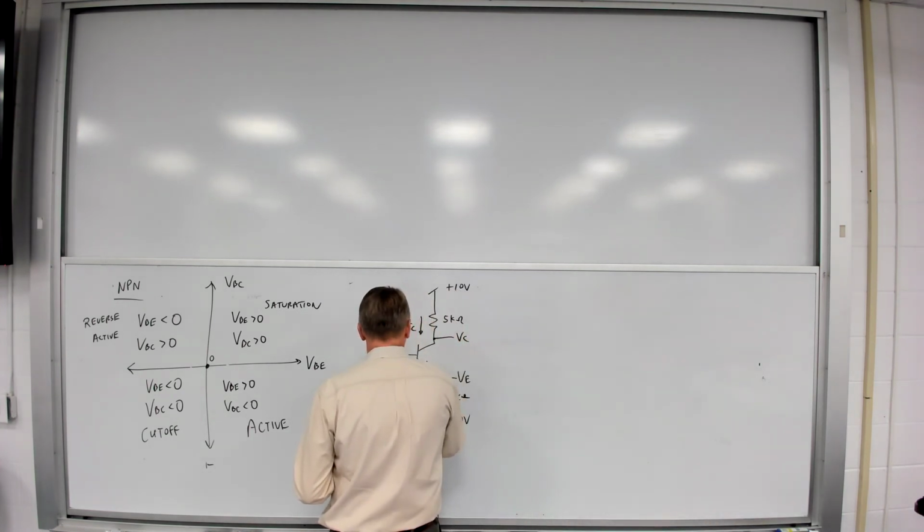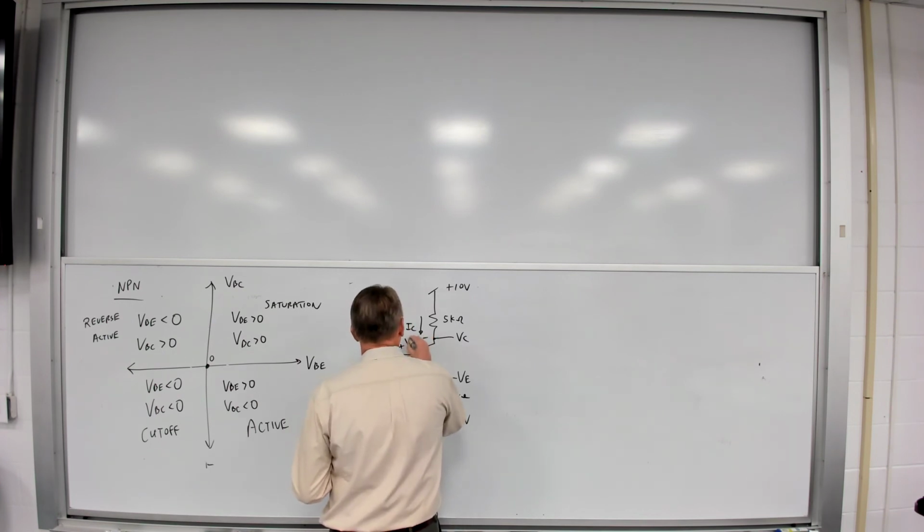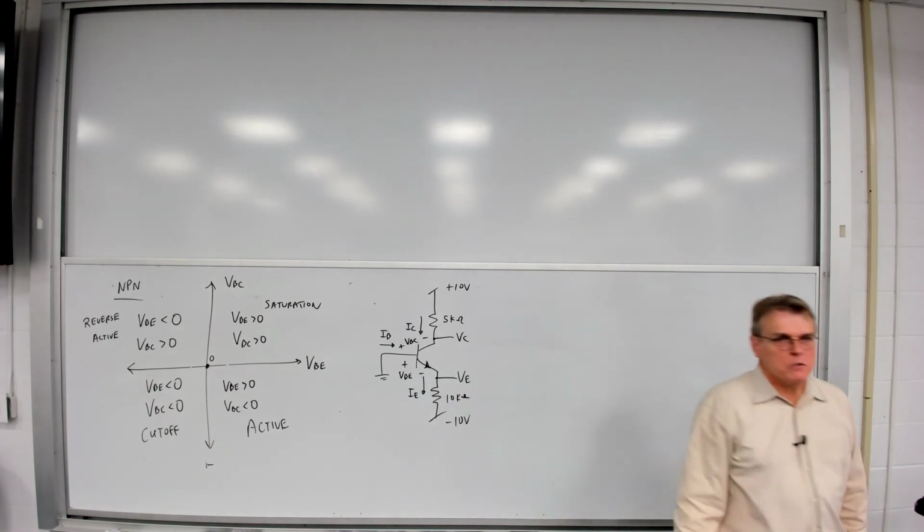And here is VBE, and here is VBC, the voltages across those 2 junctions.